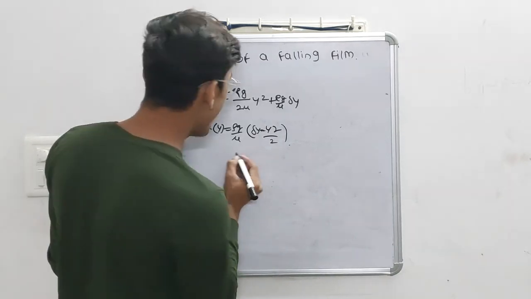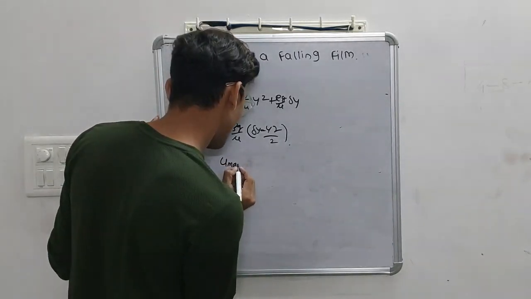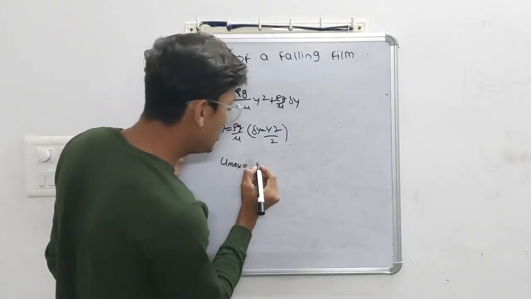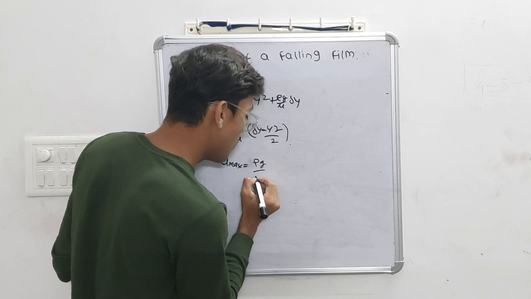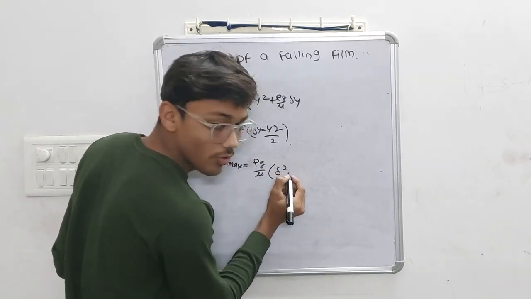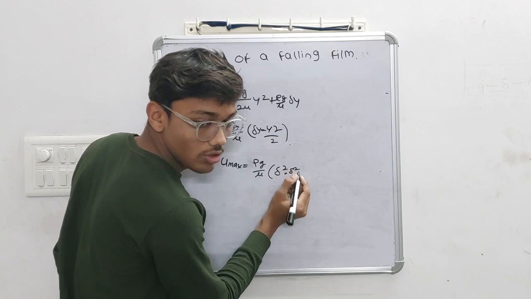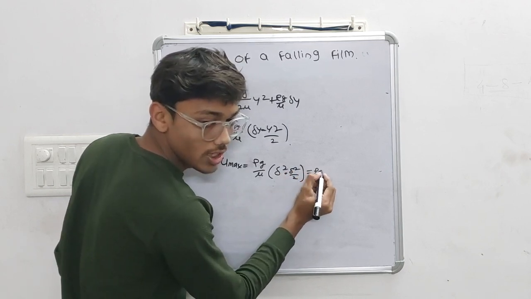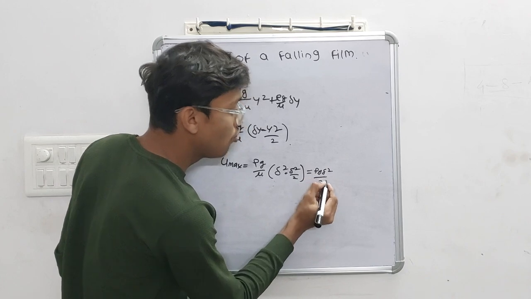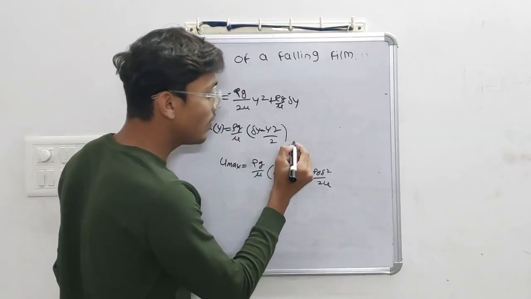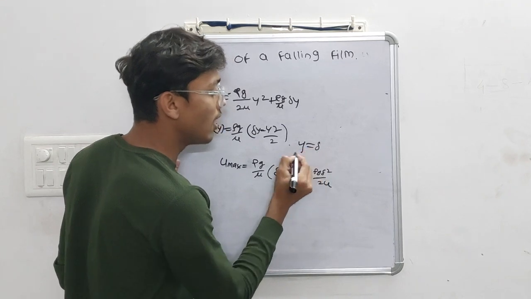So u max equals rho g by mu times delta squared minus delta squared by 2, which equals rho g delta squared by 2 mu. This value results because we take y equals delta.